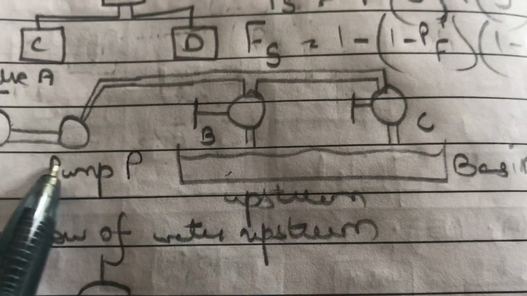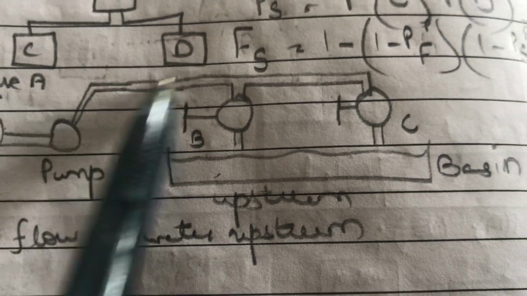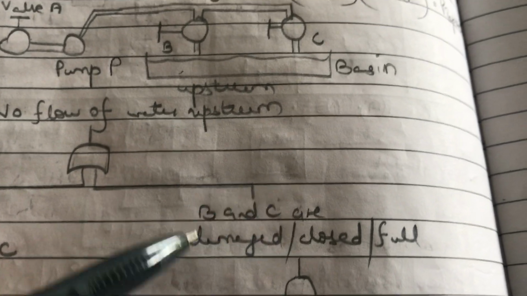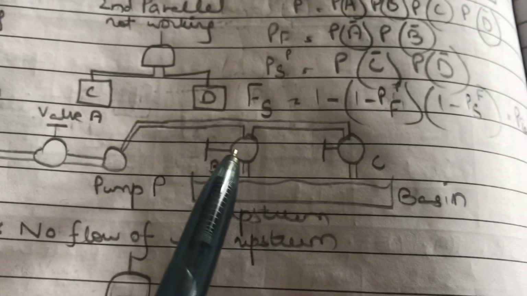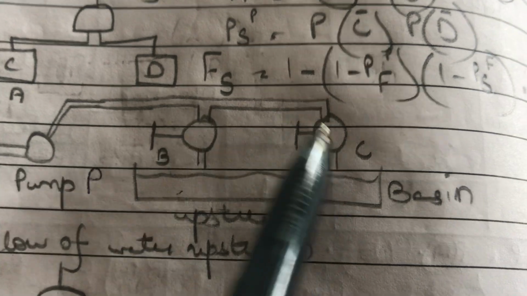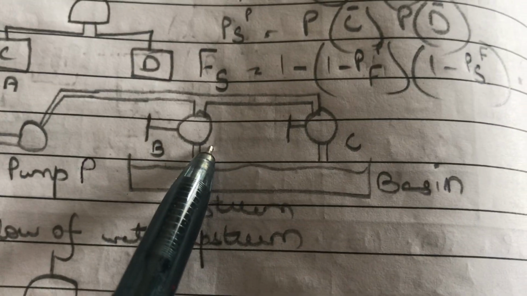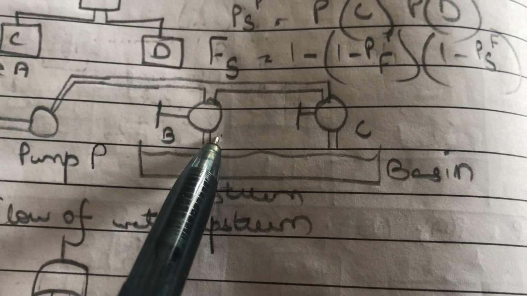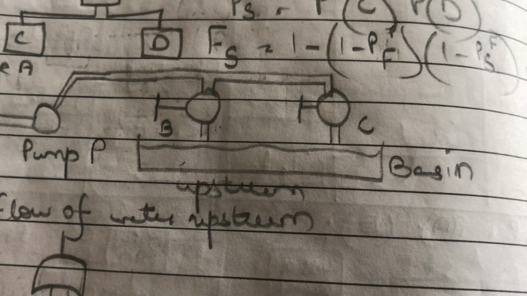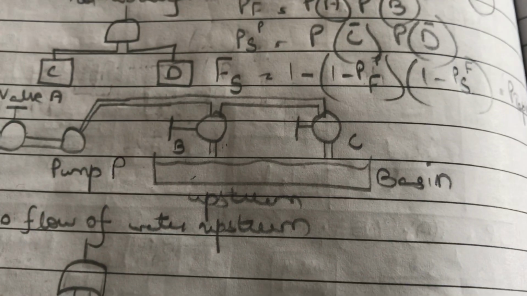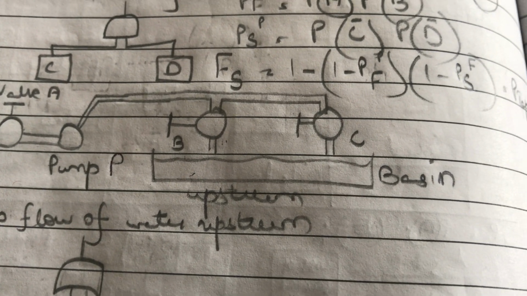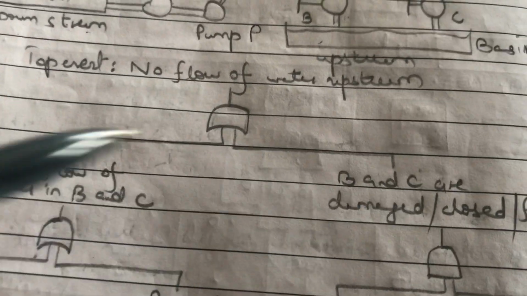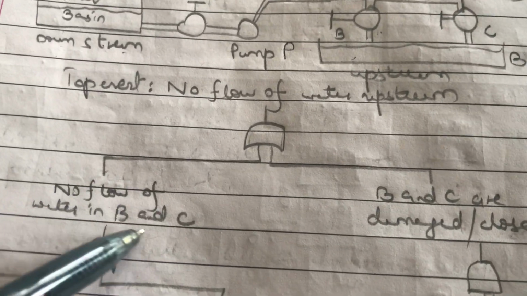No water is coming from pump P and valve A, so there would be no water flow in B and C. The other possibility is that B and C are damaged, closed, or full, or failed, or they are not getting water from pump P or valve A. So these can be the two possibilities, and that's why we write here no flow of water in B and C.